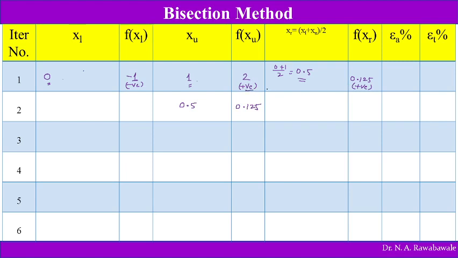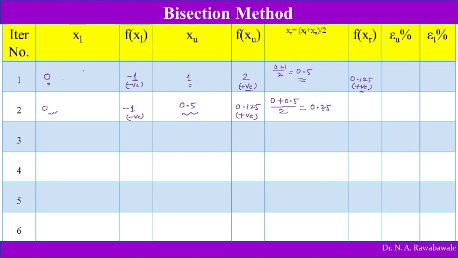Because this is positive, the old positive is replaced by the new positive value, and this 0 we carry forward, with function value 0 minus 1, negative. Once again we find the approximation by taking the average of 0.5 and 0, that is 0 plus 0.5 divided by 2, so the revised approximation will be 0.25.